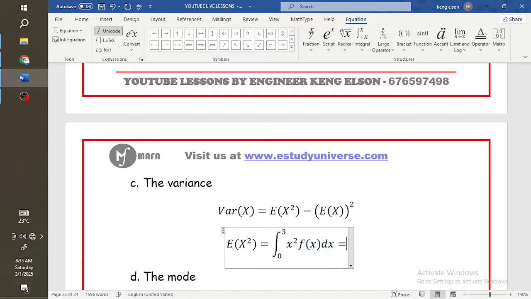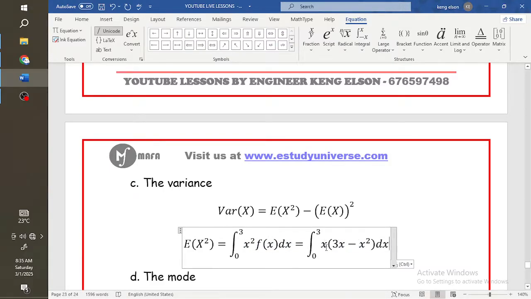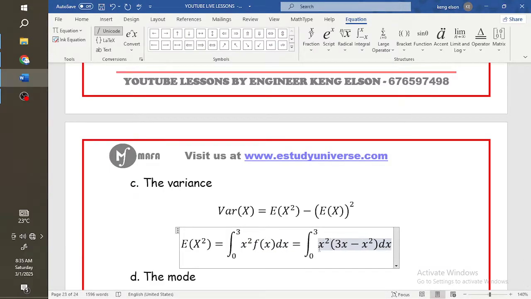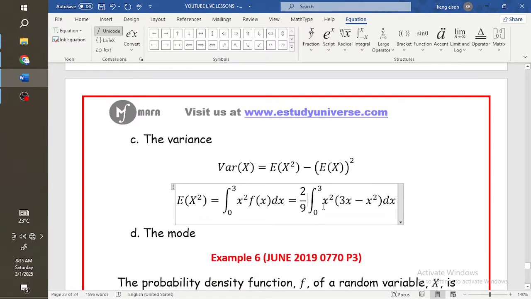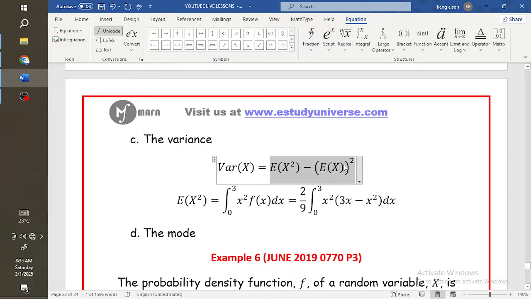But now there's a k which is 2 over 9. So when you finish, you simplify this answer, you replace in this formula, and you have your answer for the variance. I think we have done many examples of mean and variance using integration.